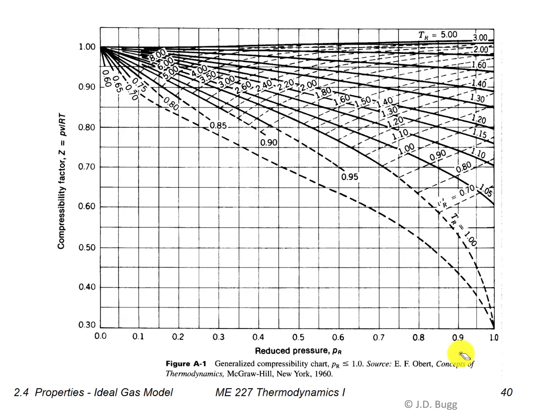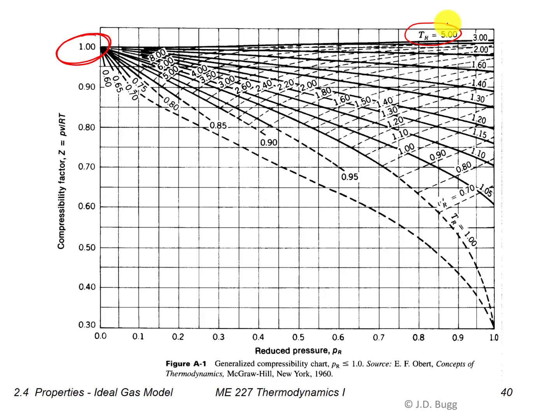Now each of these solid lines has a label on it for the reduced temperature. Notice the line right at the top, essentially a horizontal line at Z equal to 1, is labeled reduced temperature of 5. That means for a reduced temperature of 5 or above, nitrogen behaves as an ideal gas.